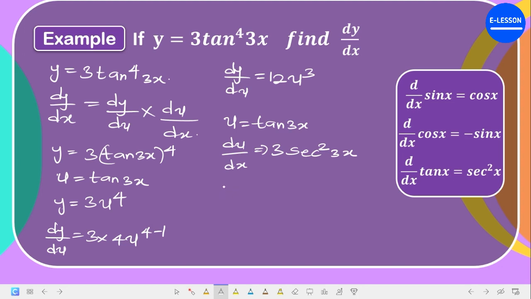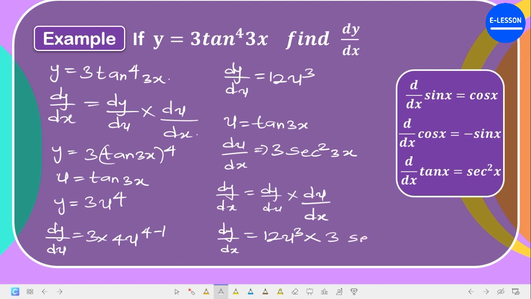And finally, your dy over dx will be equals to dy/du times du all over dx. Now dy/dx will be equals to what? Your dy/du is 12u raised to the power of 3 times your du/dx, which is 3 sec square 3x.